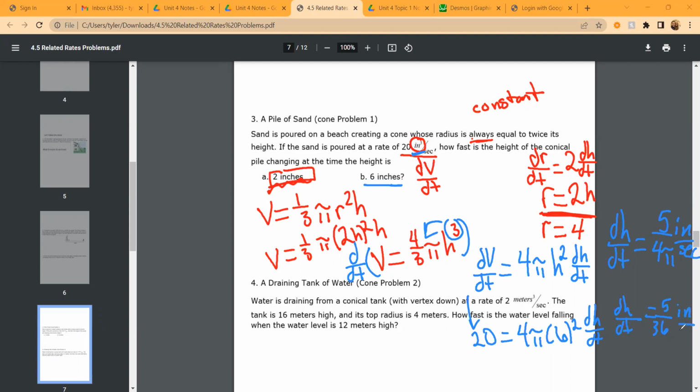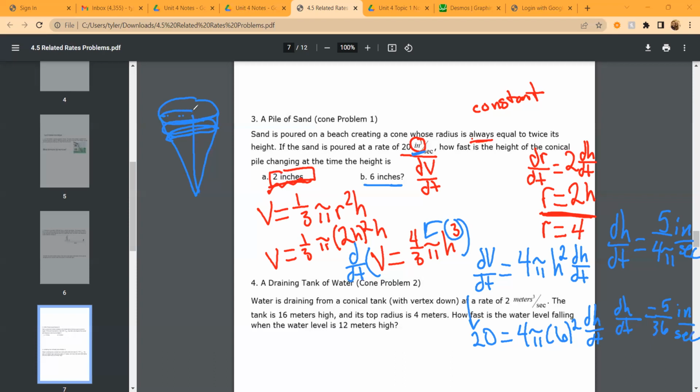higher up we get, which kind of makes sense because if you think about a cone, right? Let's see if I can draw a cone. So if you think about a cone, as you're getting higher, right, the radius is getting wider, and so that height isn't going to change as quickly because you have more area to pour your sand, right?